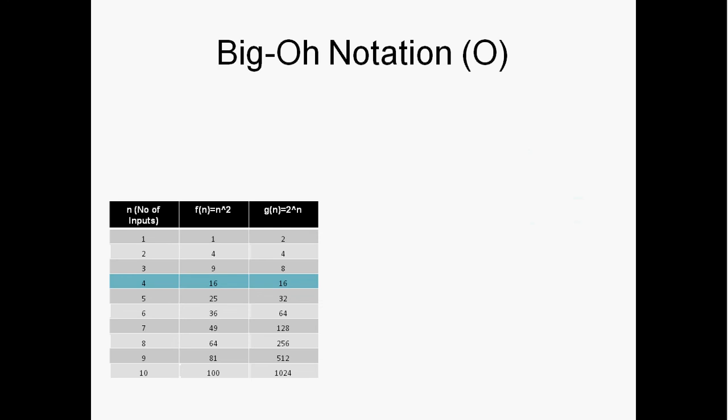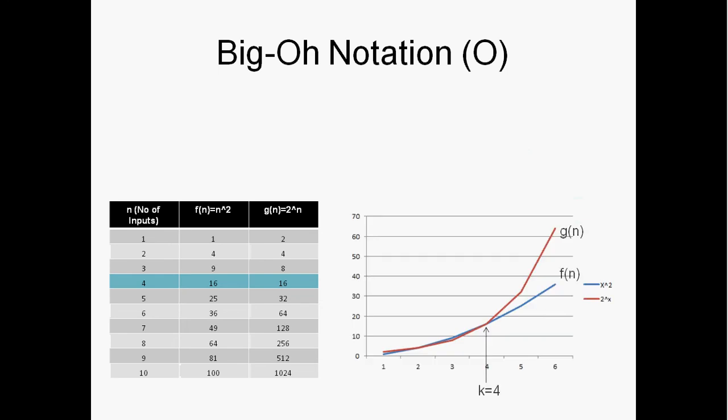But after one point, here row number 4, you will come to know that the g function always dominates the f function, like g is always greater than or equal to f. That means f is always less than or equal to g after some point, and that point is here, 4.